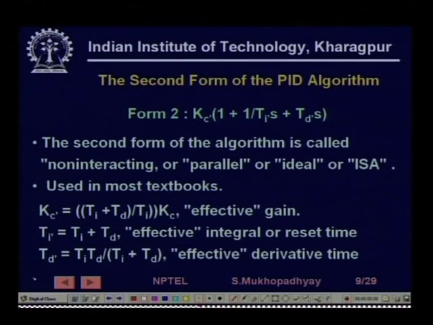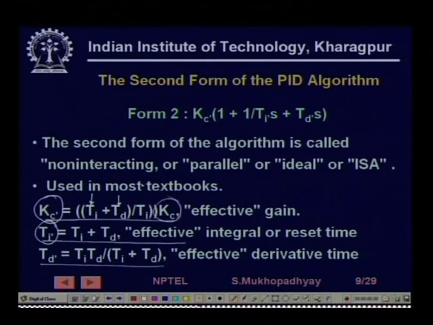So, it turns out that you get such formulae that Kc dash turns out to be equal to this, Ti dash turns out to be equal to this, and Td dash turns out to be equal to this. So, you see that if you set Ti, Td and Kc in the first form, then the actual gain, which sometimes is called the effective gain, and the effective integral time will be obtained according to these formulae.